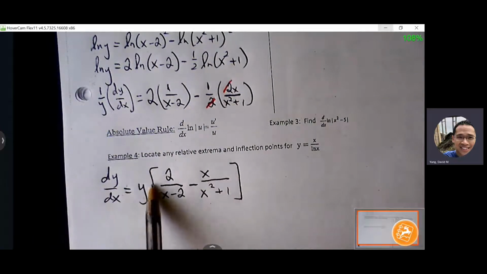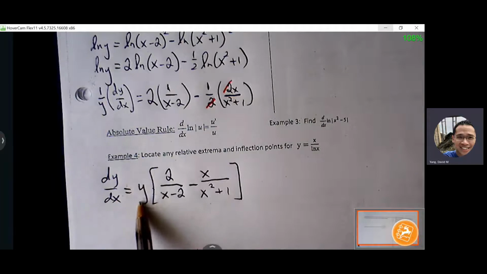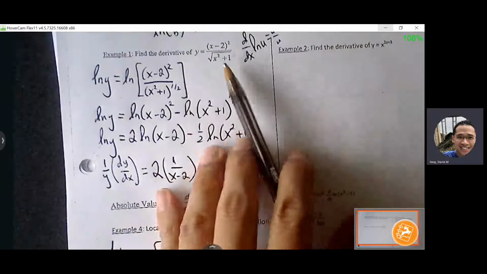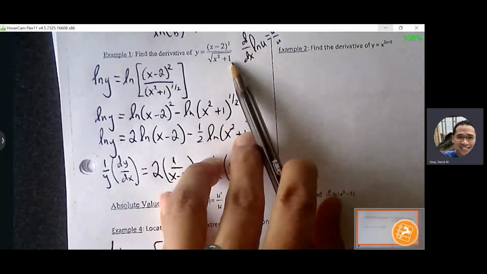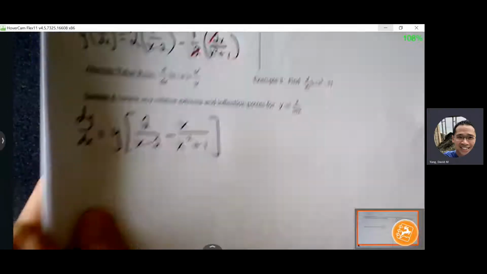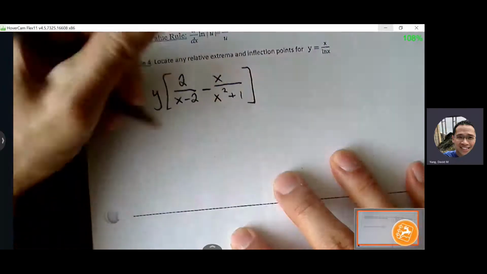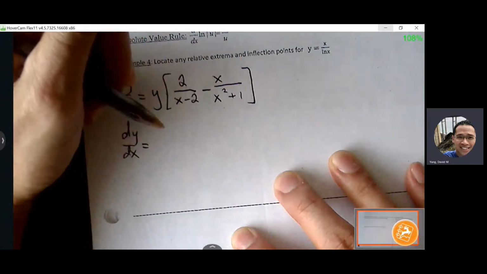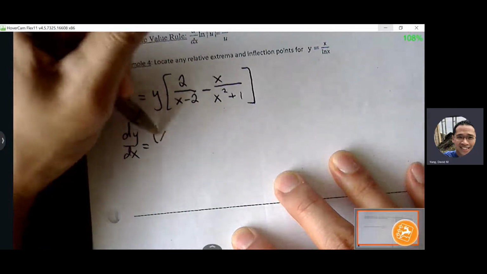And now I want to replace y in terms of x. Can I do that? What's y equal to? The original, yeah. So I can just replace my original expression in for the y, and that makes it messy, but at least we're able to represent our derivative purely in terms of just one variable, right? It's a function, so we shouldn't need the y to get involved in our derivative.